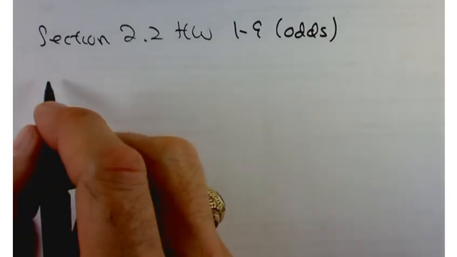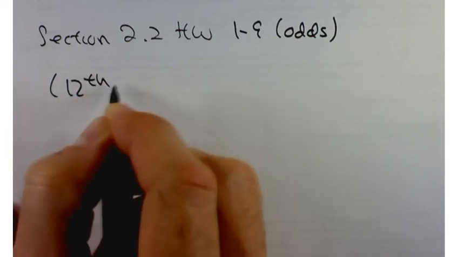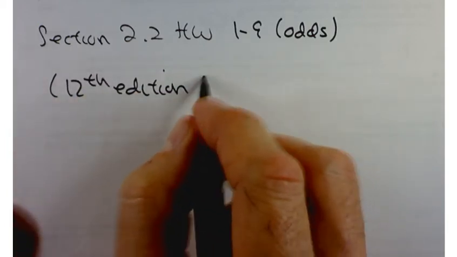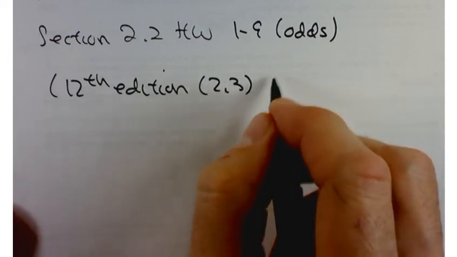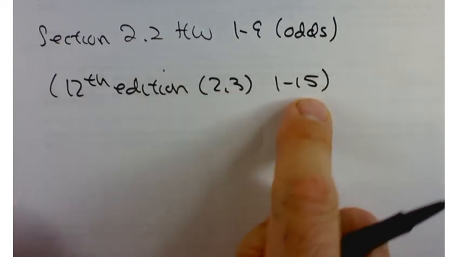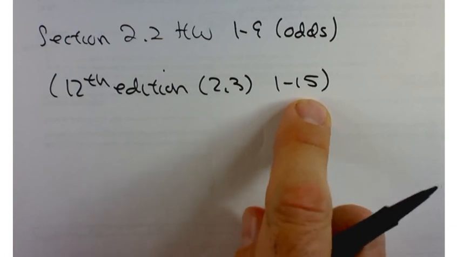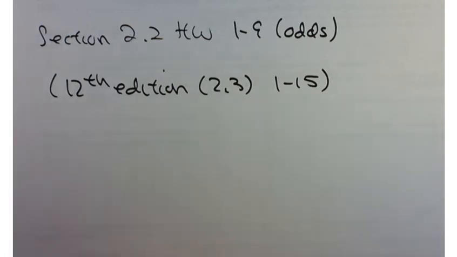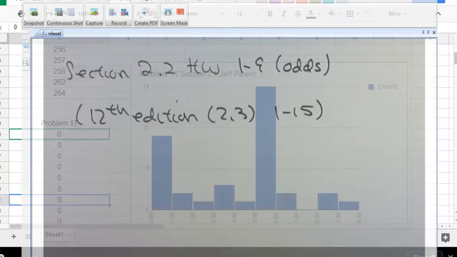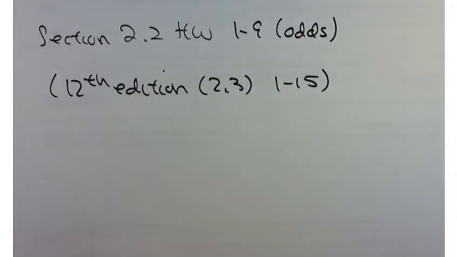If you're working with the 12th edition, that'd be section 2.3 from the 12th edition. Try 1 through 15. Now for problem 15, you're going to need to access some of the data that the book has. You'll find that on the course website, D2L. I've got all the data sets downloaded, I think into Excel spreadsheets. You can open them from there. Good luck with that.